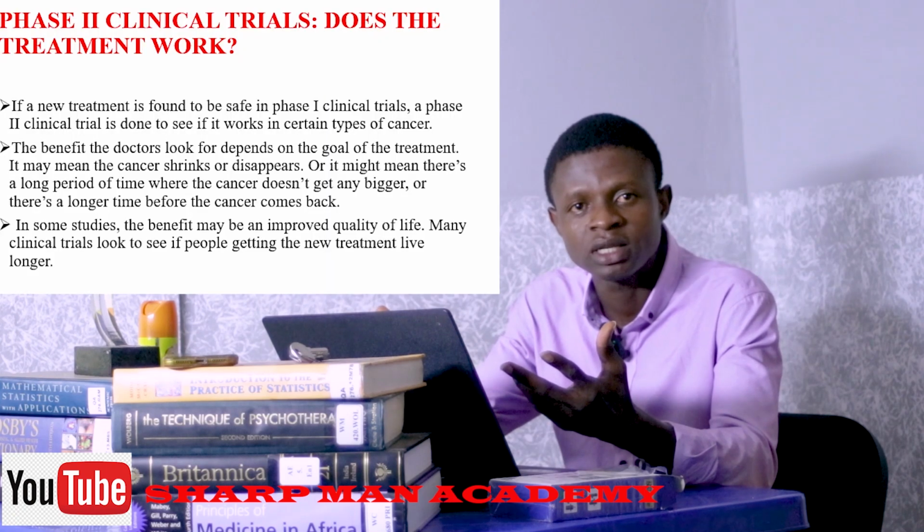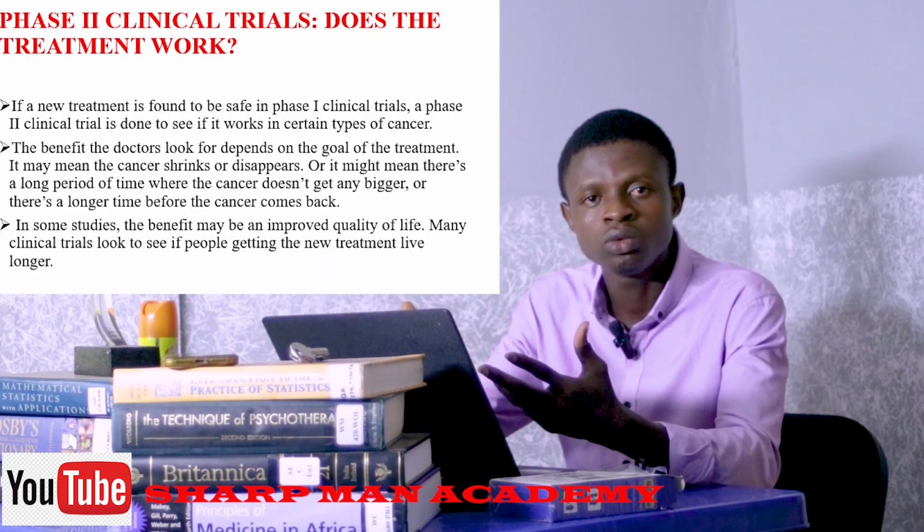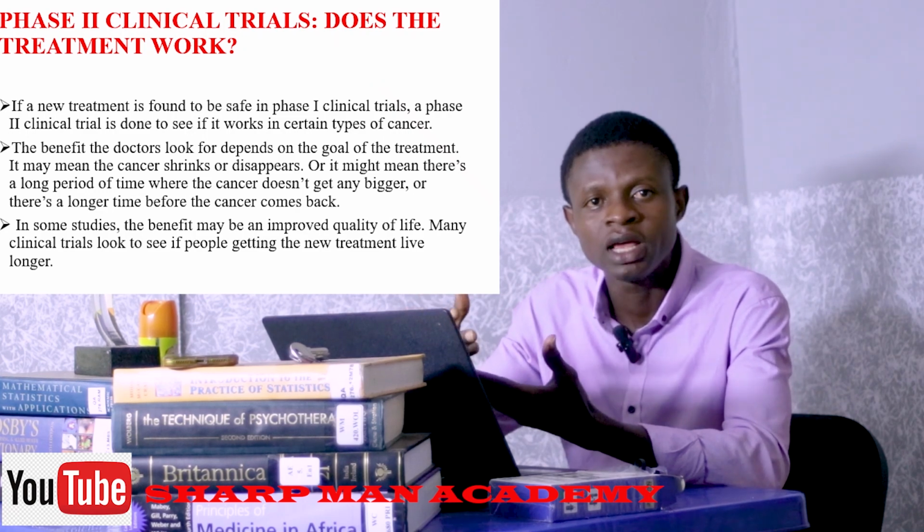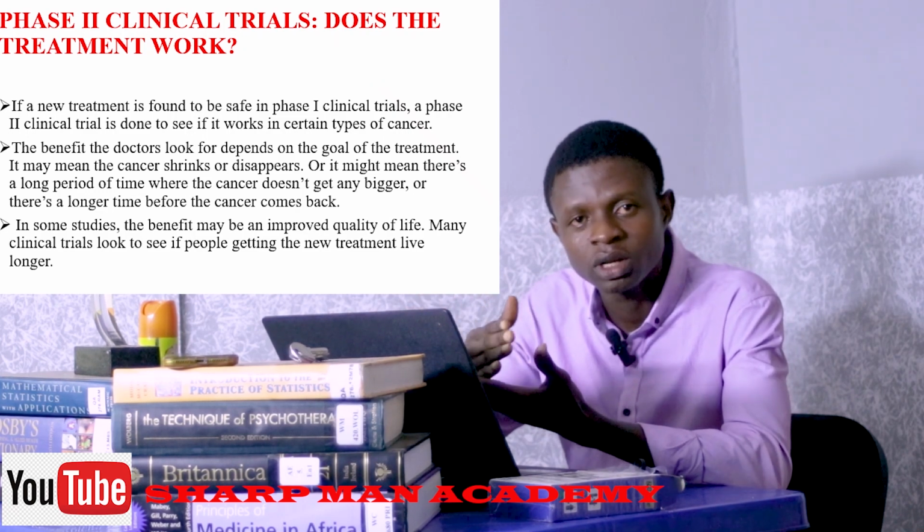So I've been taking you through the various phases in clinical trials. Today I'm going to teach you how to use clinical trial phase 2 in your research writing. In clinical trial phase 2, we test to see how the intervention that we are coming up with is able to treat the intended outcome, the disease or the condition.